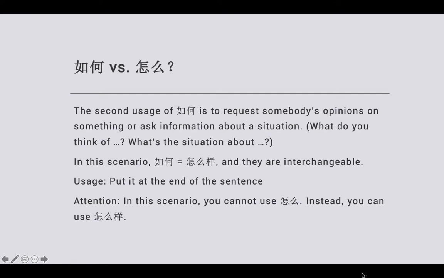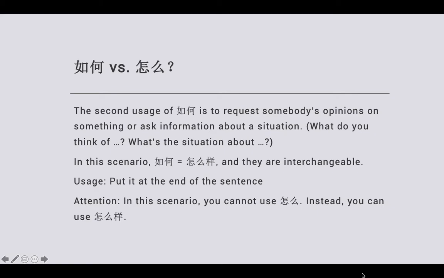Attention, they are totally interchangeable, but in this scenario you cannot use 怎么. Instead, you can use 怎么样. And for the usage, you can simply put 如何 or 怎么样 at the end of the sentence.